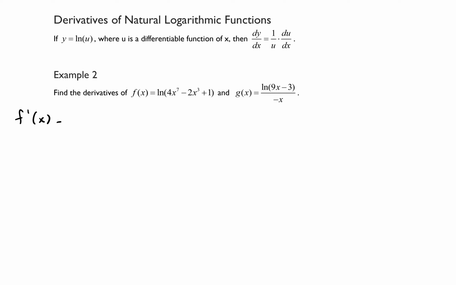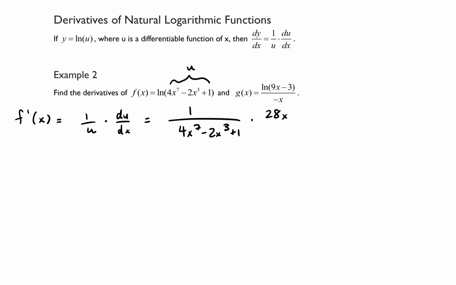So f prime of x is equal to 1 over this whole thing inside the parentheses, which represents u, so it's 1 over u times du dx, which is equal to 1 over 4x to the 7th power minus 2x cubed plus 1, times the derivative of u, which is going to be 28x to the 6th power minus 6x squared.